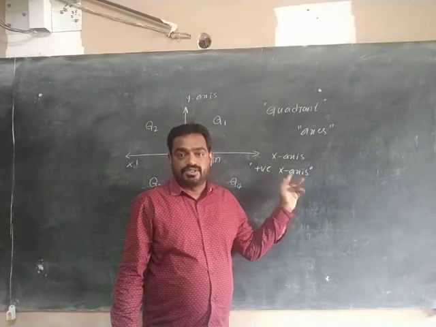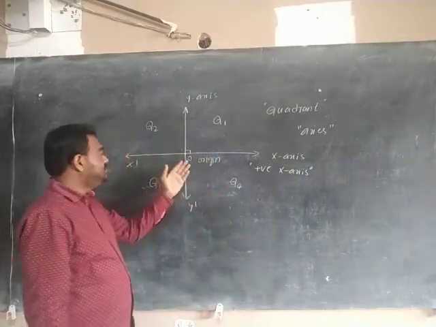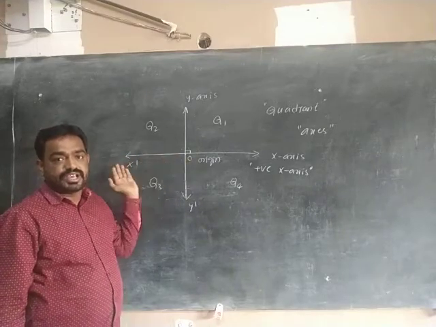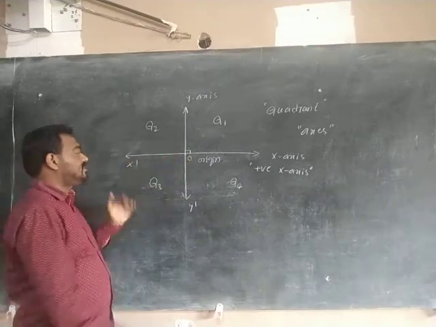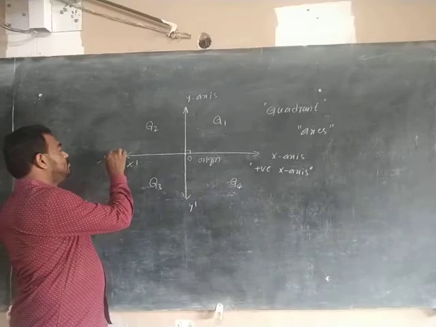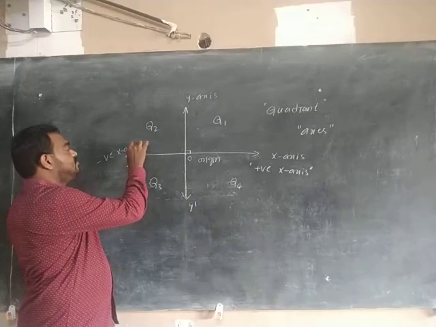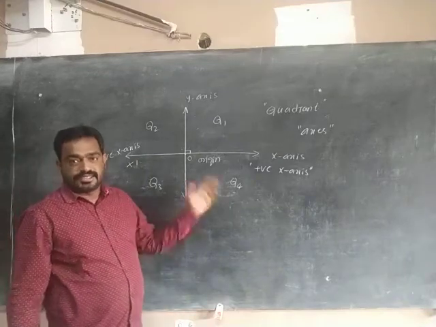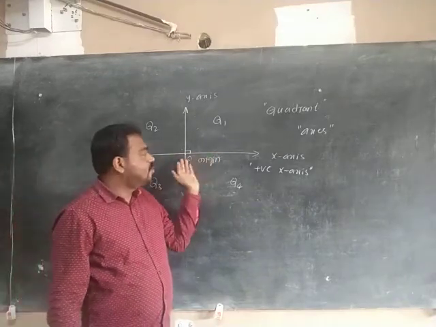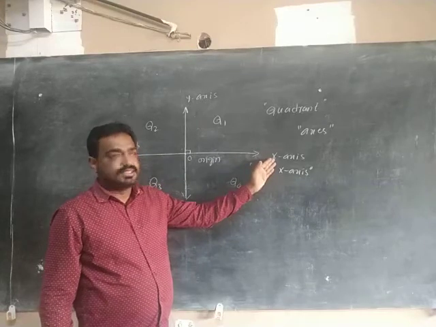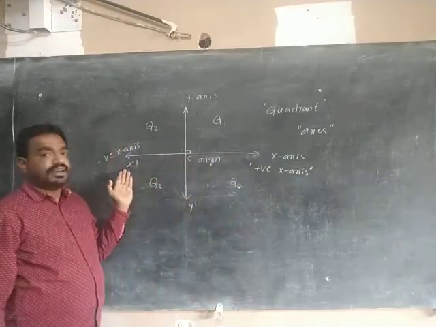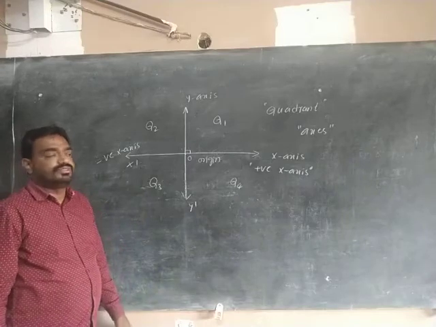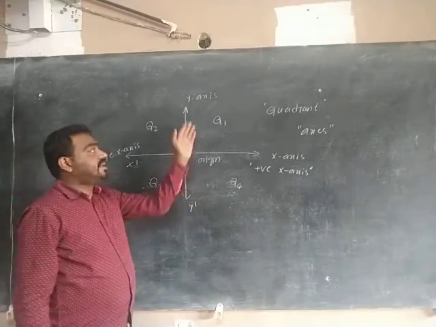The part which lies on the left side of the origin is called negative x axis. So OX is the positive x axis. OX dash is the negative x axis. Clear?